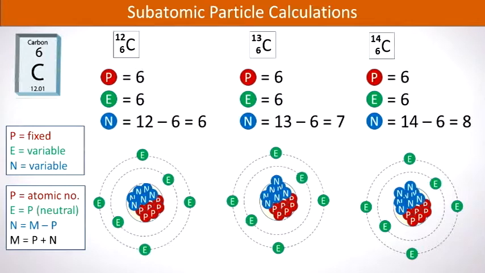This summary slide shows you what each of the well-known isotopes of carbon would look like side by side. Note that carbon 12, 13, and 14 increases from 6 to 7 to 8 neutrons respectively, with no change in the protons and no change in the electrons.